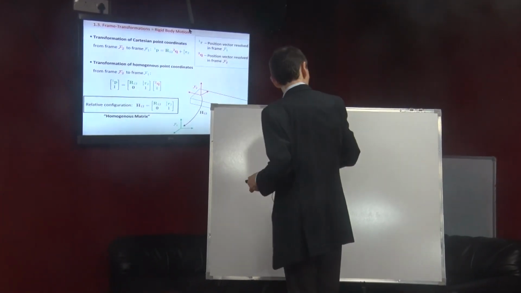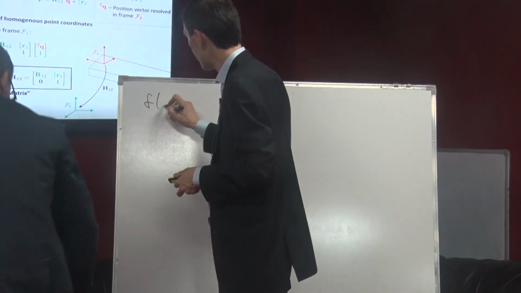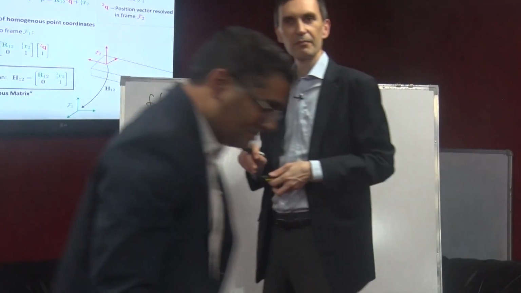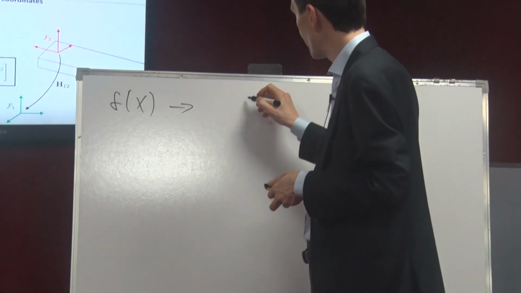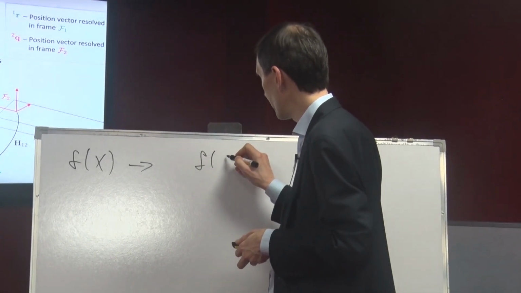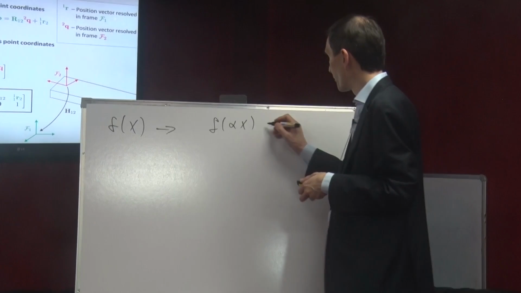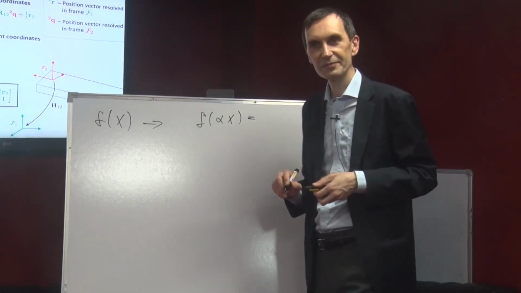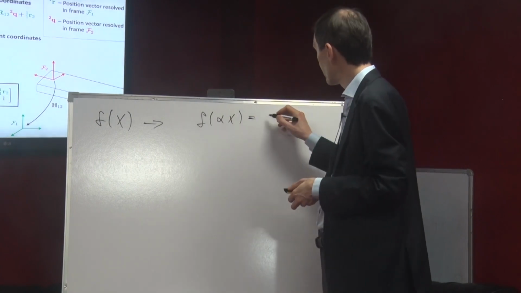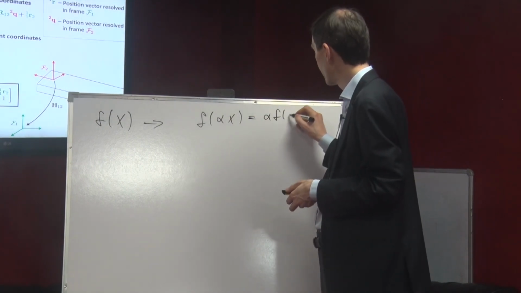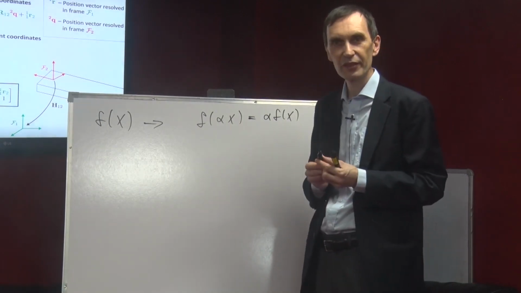Let's say you have a function of x. What happens if you say I have f of alpha x, where alpha is just a scalar? What can you say? It depends, of course, on the function. Now, what if the function is linear? Then f of alpha x is equal to alpha times f of x.